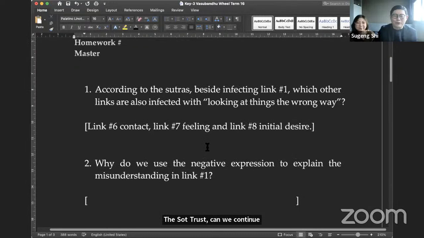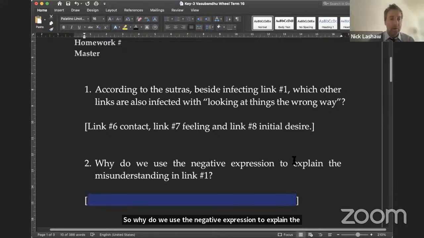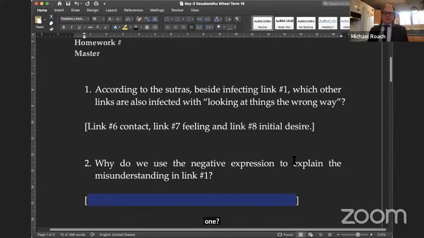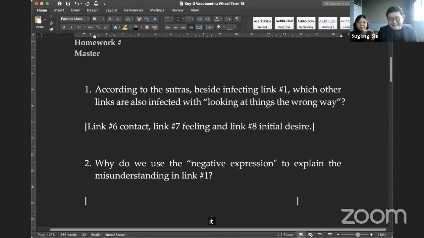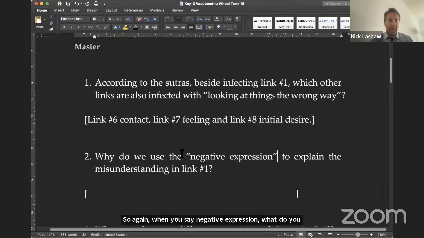All right, so why do we use the negative expression to explain the misunderstanding in link 1? Because we're in a bad mood. Because it is a bad word. Sugeng, how about others? When you say negative expression, what do you mean? Negative particle. Misunderstanding.